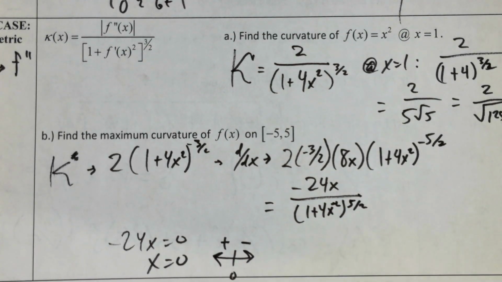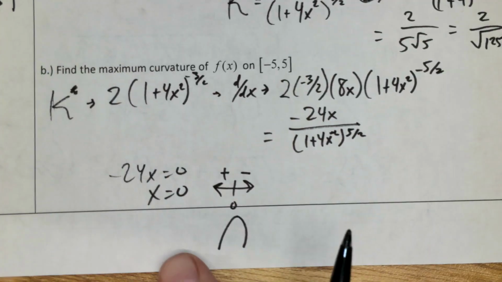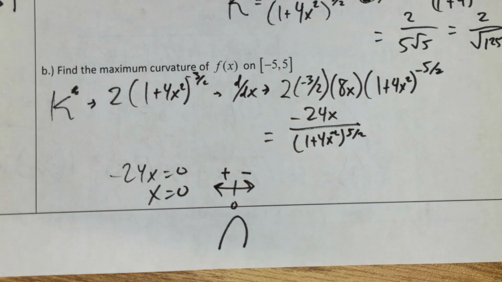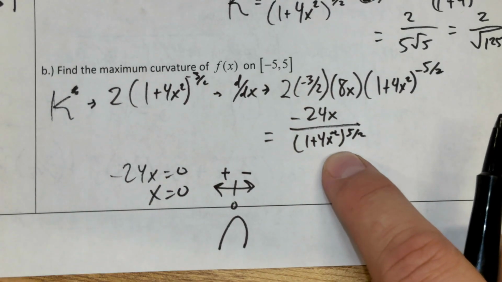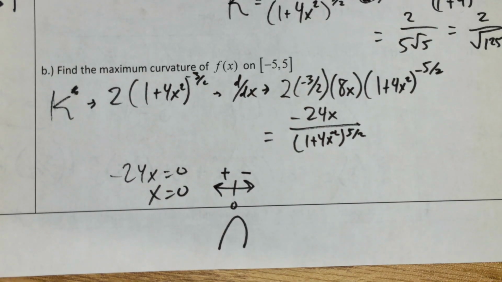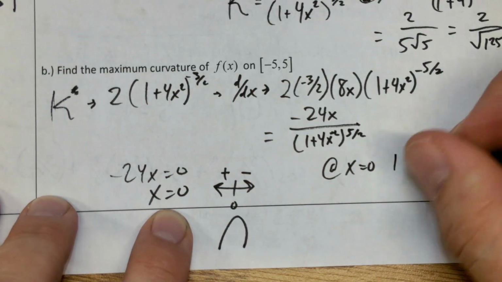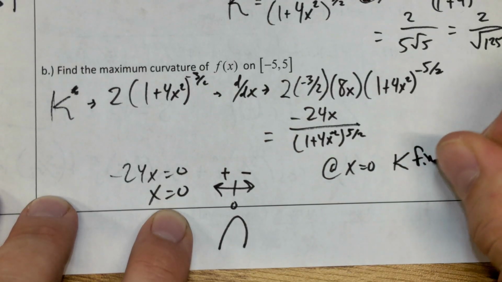Because that's what a max looks like when my slopes change from positive to negative. And that negative 24x is changing from positive to negative. And the denominator is always positive because it's a square root. So that means at 0, curvature finds its max.